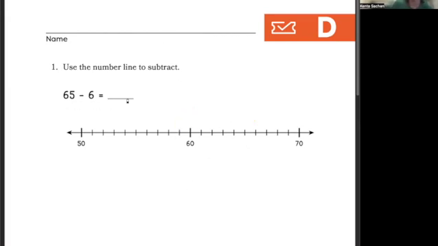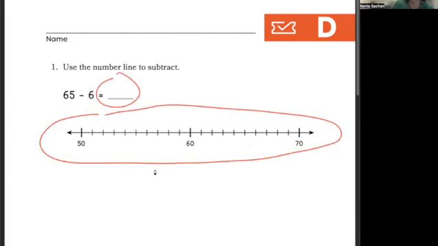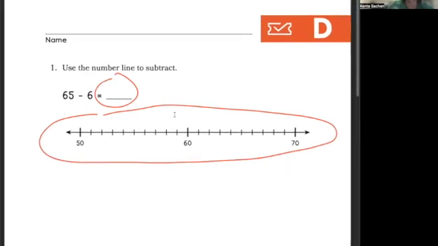To do that, 65 minus 6, I want you to write your answer and solve the problem on the exit ticket. If you want to look back a couple pages, right, to find where we solve problems like this, that would be on page 87 and 88, right? That would be a good place to look.